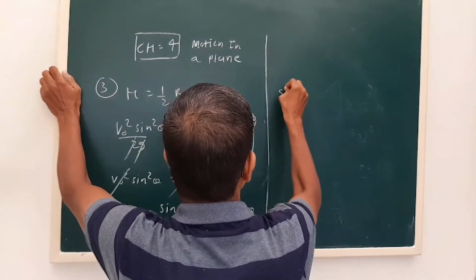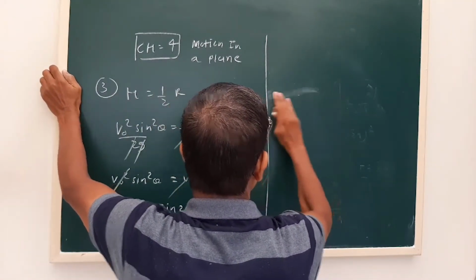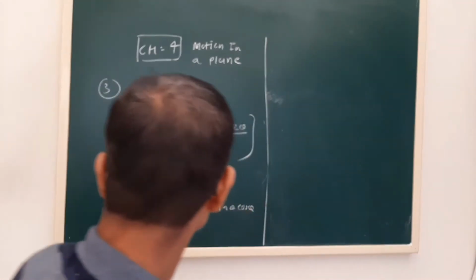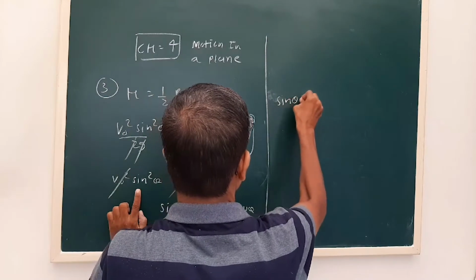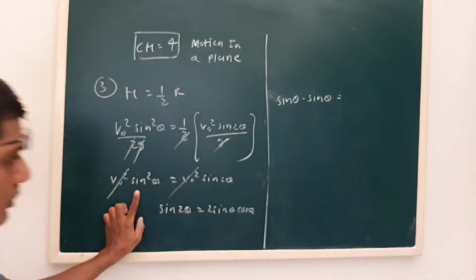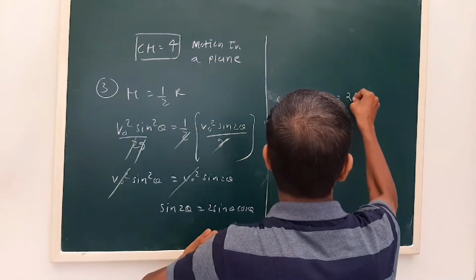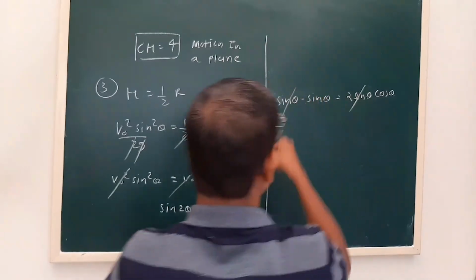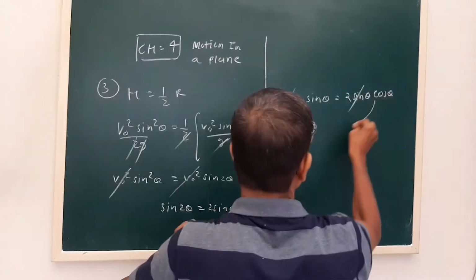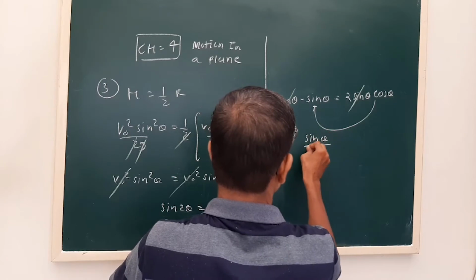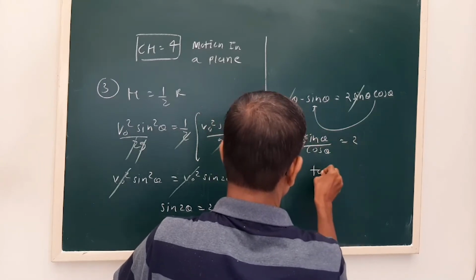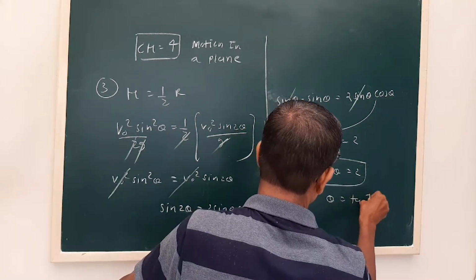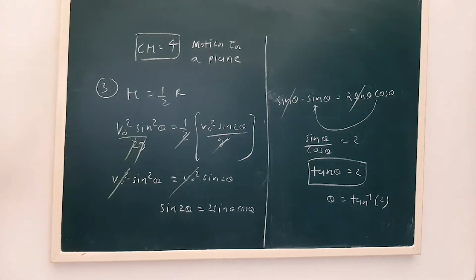The sine square theta on the left hand side we can write as sine theta into sine theta, that is in terms of product. Sine 2 theta is 2 sine theta cos theta. So one of the sine theta will get cancelled. Now this cos theta goes to the denominator, so theta is tan inverse. This is how we can solve.